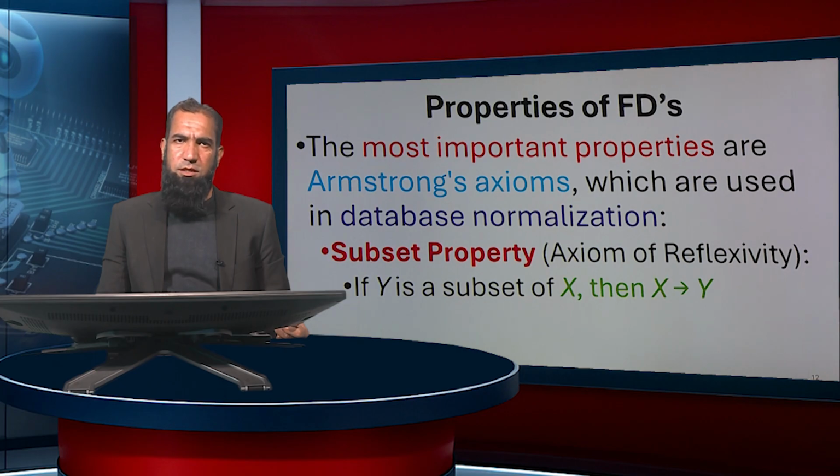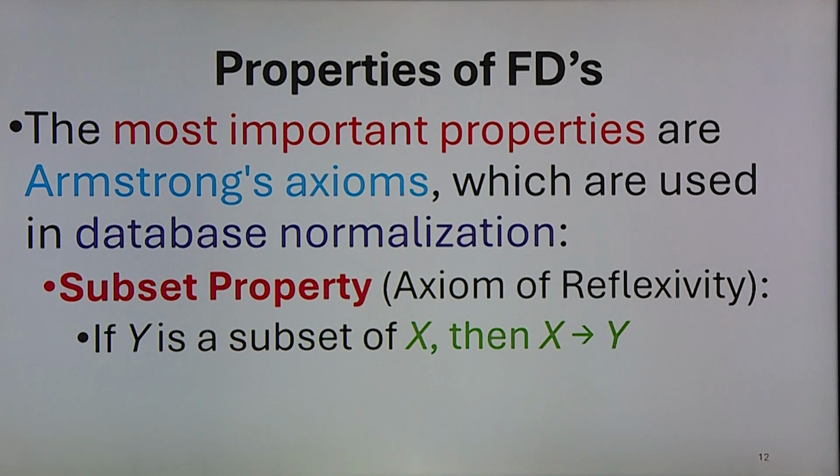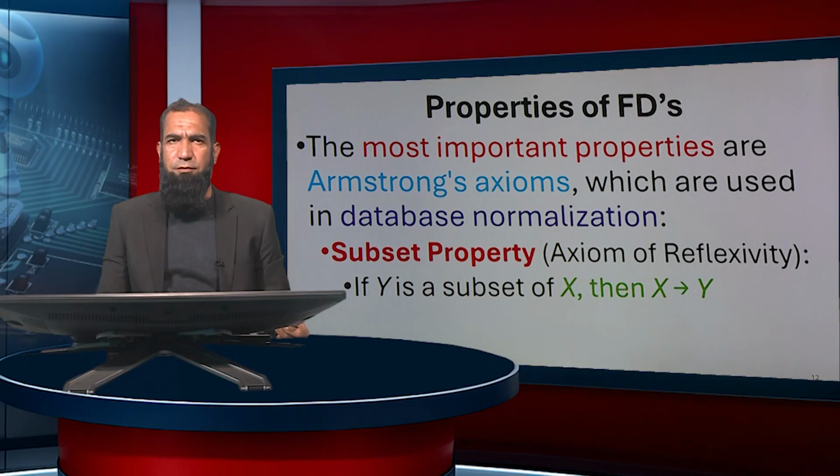Now we will discuss one of the most important foundational concepts in functional dependency theory, that's Armstrong axioms. Armstrong axioms are a set of inference rules that allow us to derive all possible functional dependencies implied by a given set of dependencies. They form the theoretical basis for reasoning about dependencies during normalization.